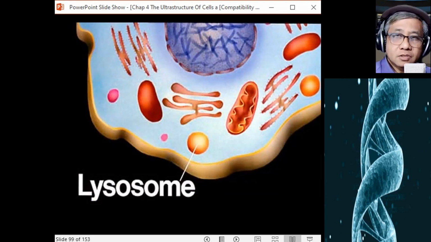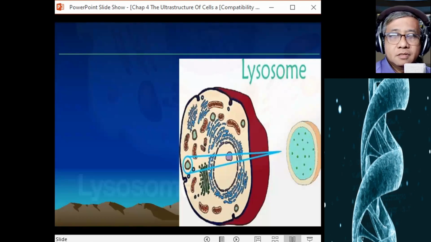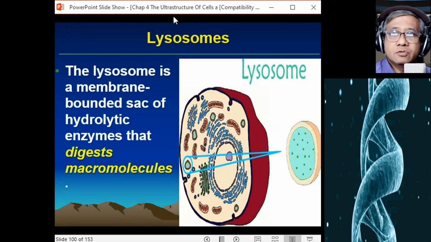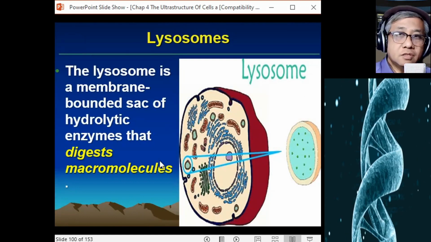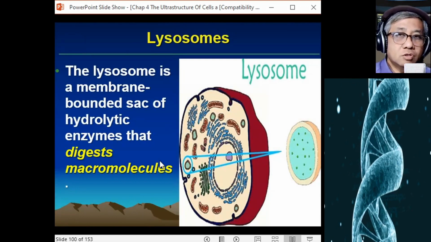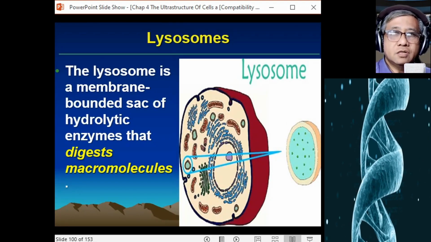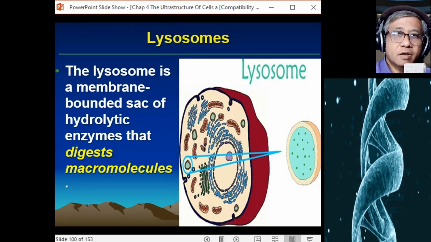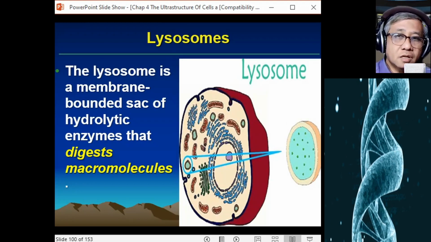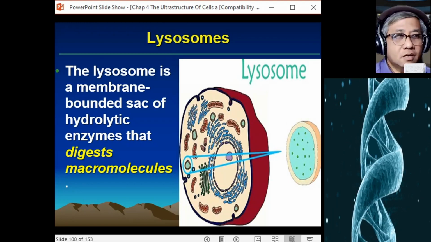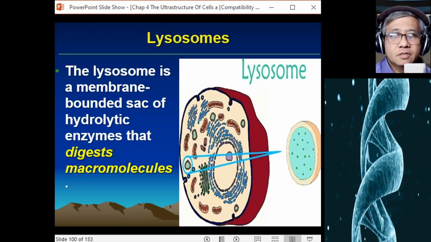Alright, next we have the lysosome. Now the lysosome performs several functions. The lysosome contains hydrolytic enzymes that break down molecules. That's why I mentioned here the lysosome is a membrane-bounded sac of hydrolytic enzymes. So inside the lysosomes are hydrolytic enzymes that break down molecules.